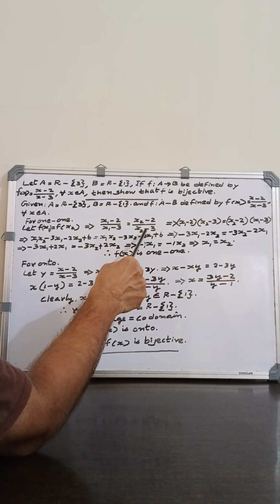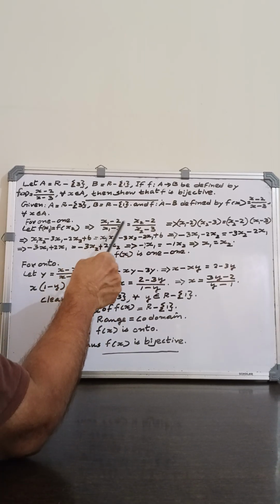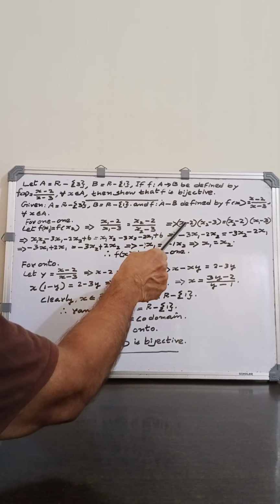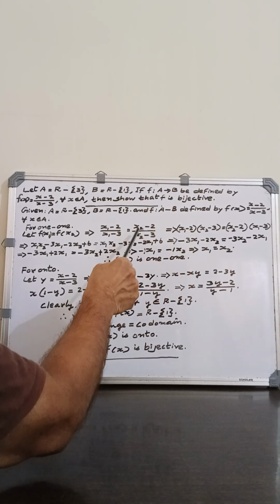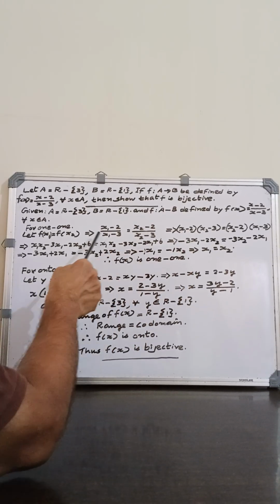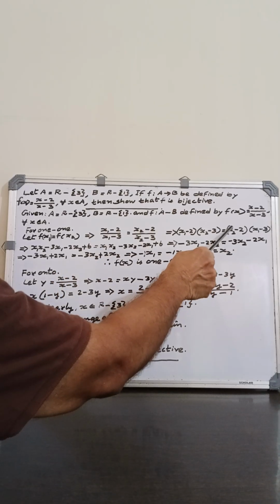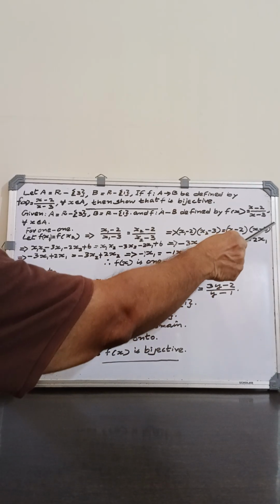Then cross multiplying, (x1 − 2)(x2 − 3) equals (x2 − 2)(x1 − 3).